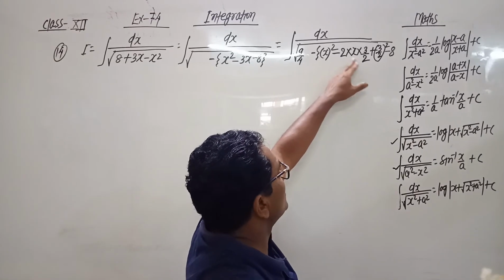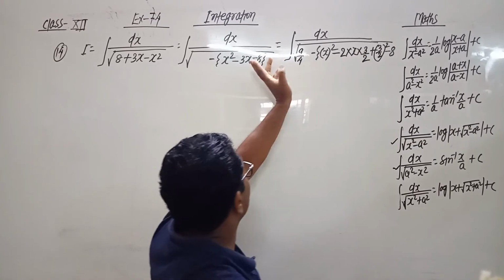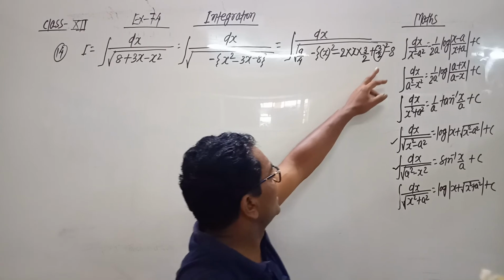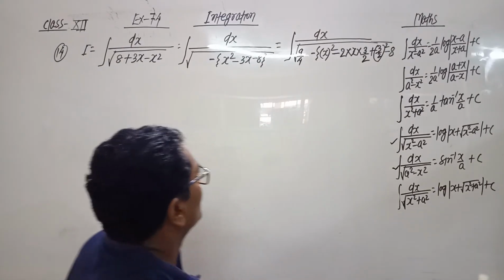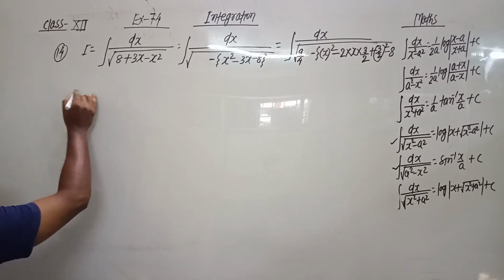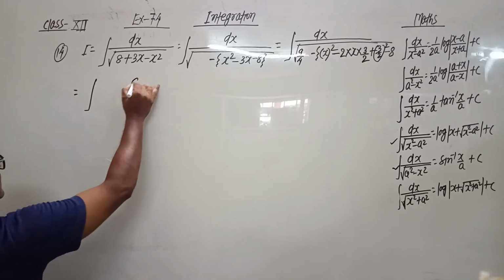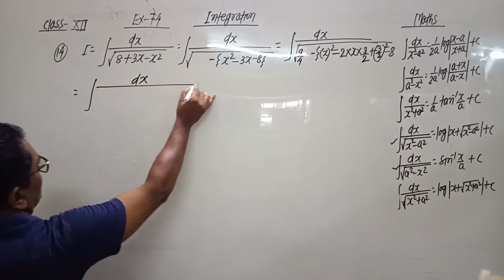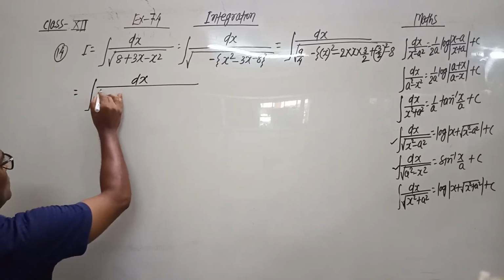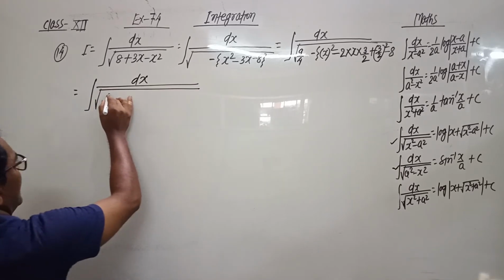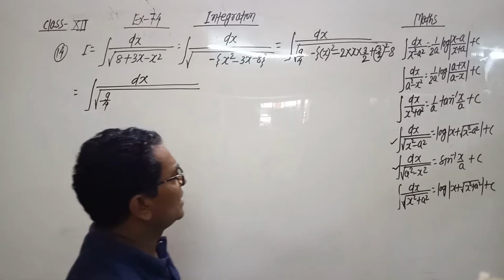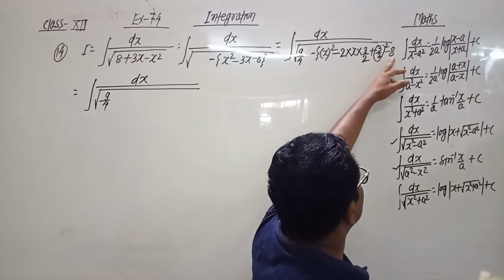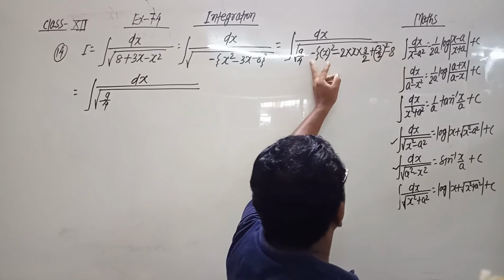X square, 2 and 2 get cancelled, minus 3x, and minus 8 we get. So the next step: integration dx upon under root of, this is 9 by 4 and this minus 8, and outside there is minus.